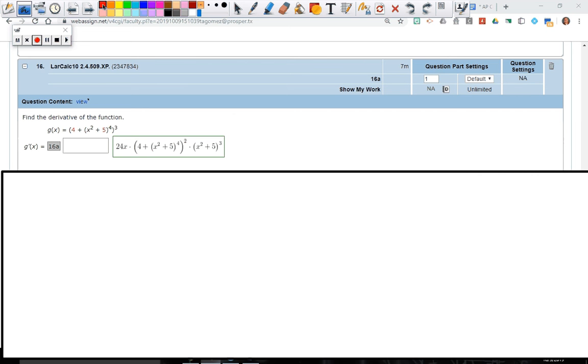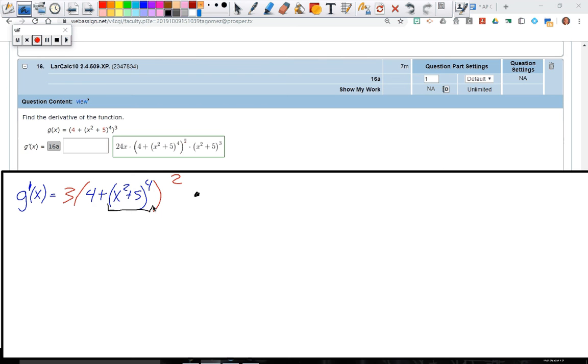16 is a lot like 15. Okay, so it's going to be 3 of the stuff squared, and the stuff is all of this, times the derivative of the stuff. So the derivative of the blue stuff is 0, right? Plus whatever the derivative of this chain rule piece would be.